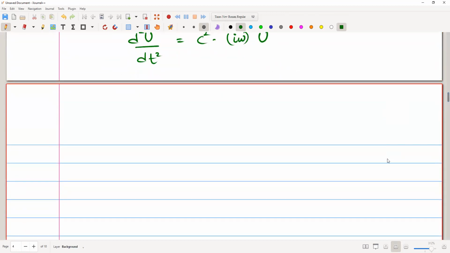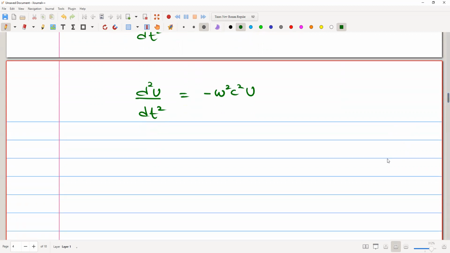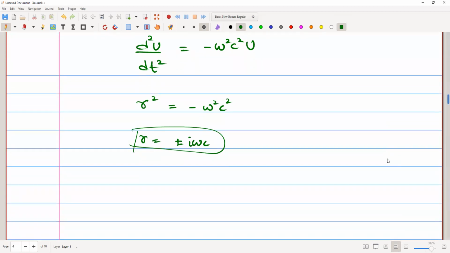And then we are going to get a simple second order differential equation, that is d²u/dt² equals negative ω²c² u. Okay, so now what we are going to get by solving this problem is, we know this is a second order differential equation. You can write r² equals negative ω²c². So r equals plus or minus iωc, with this little complex here, right? Because of the negative sign. So it's a complex root.